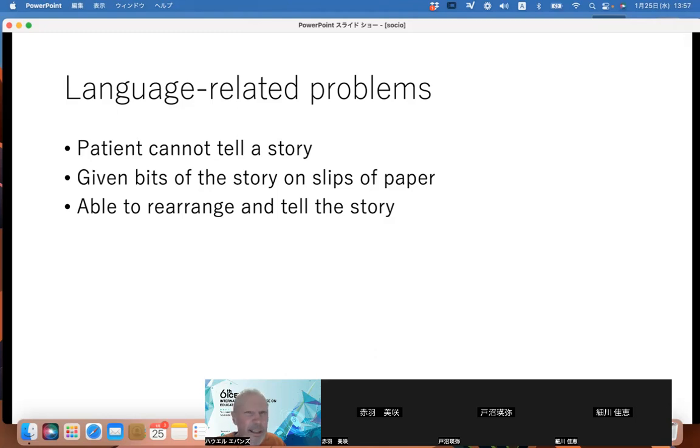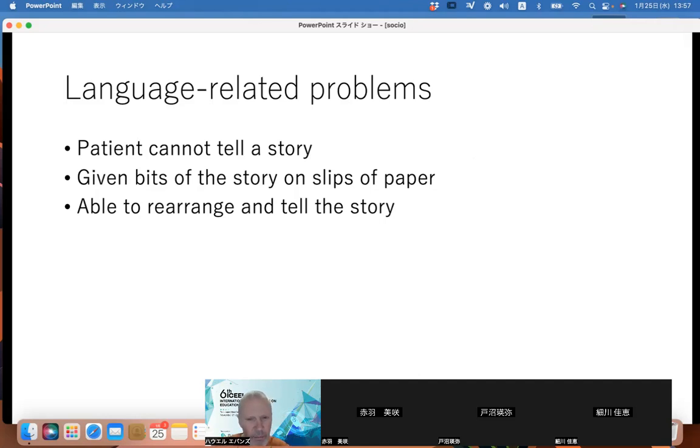So again, you've got a symbolic tool, the bits of paper with parts of the story written on it, and then they use that tool to structure their thinking, structure the way they think, and then they're able to complete the activity.